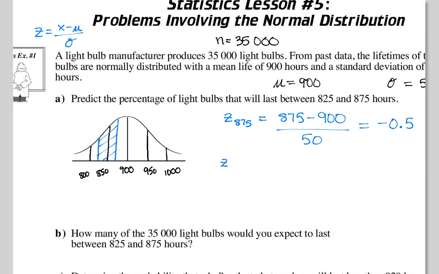Do the z-score for the other value, 825. We should expect that this z-score is more negative because it's farther to the left. So 825, subtracting 900, dividing by 50.